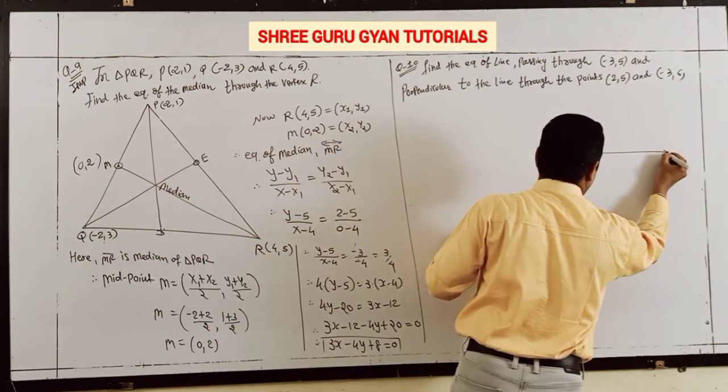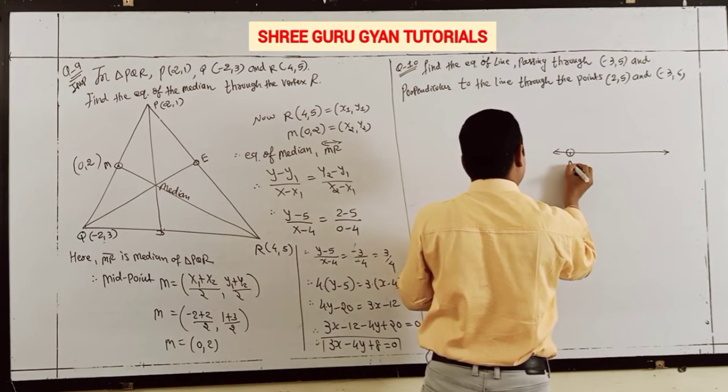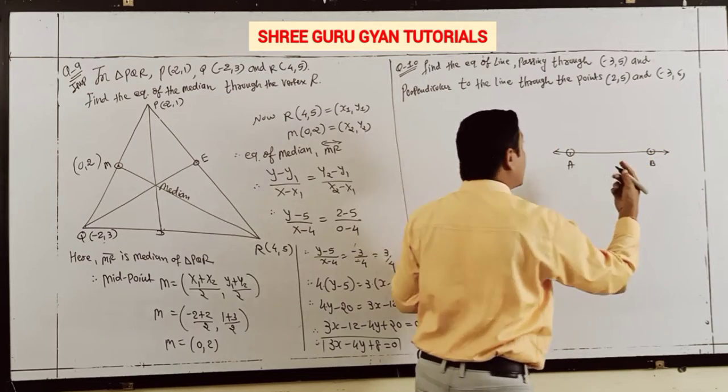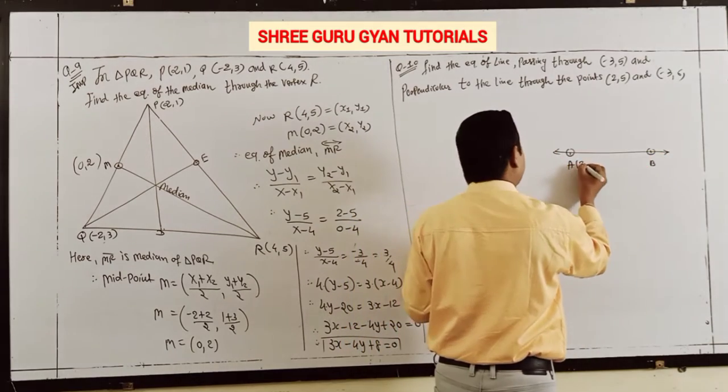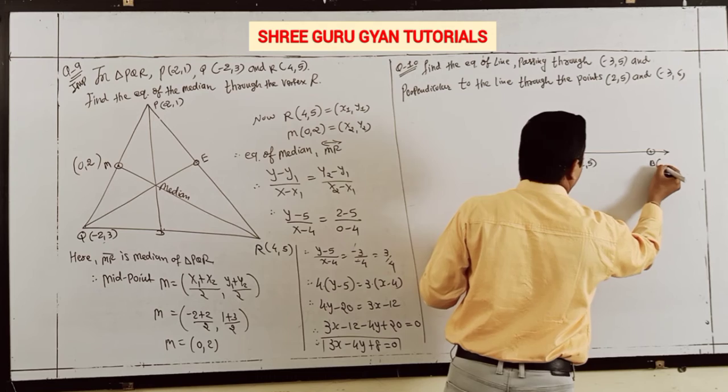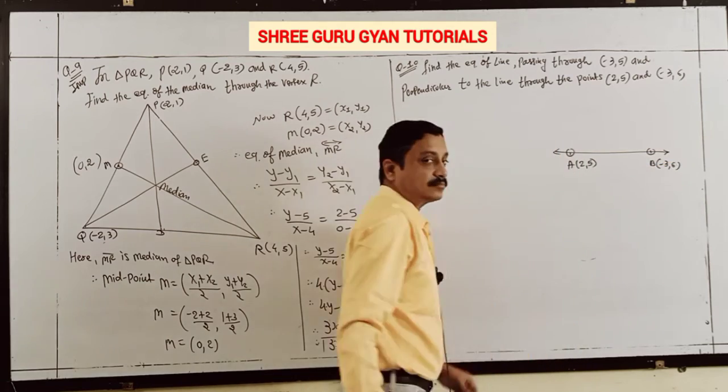Consider that this is your line AB, with points given as (2, 5) and (-3, 6).